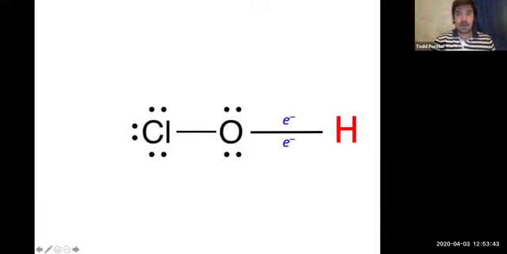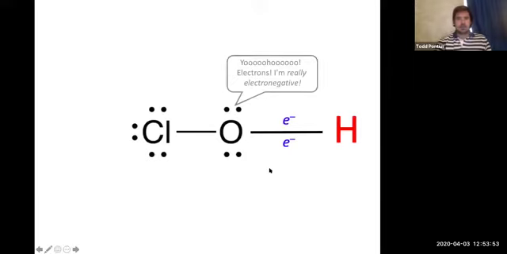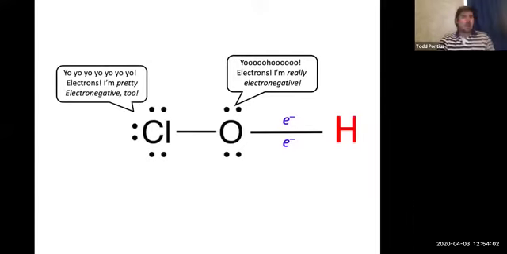So we have HClO, which is a weak acid. Case 1, the weak oxy acid. The reason why this is an acid is because we've got this oxygen here, and the oxygen is like, yoo-hoo, electrons, I'm really electronegative. And the chlorine is like, yo, electrons, I'm pretty electronegative too.